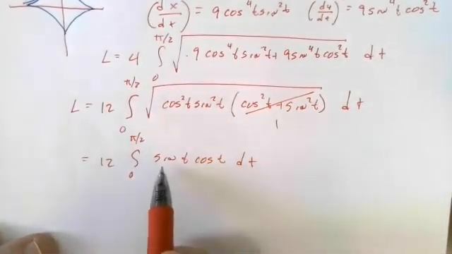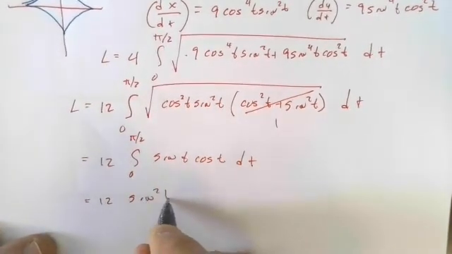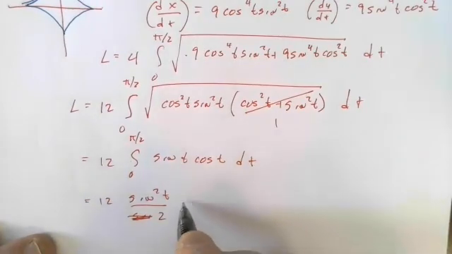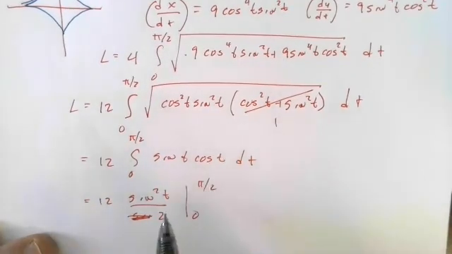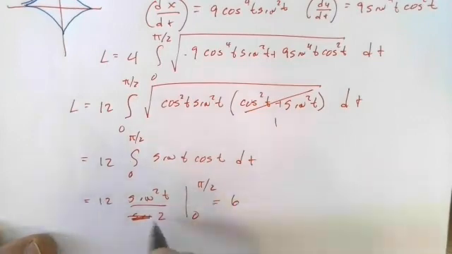Now, you could actually do this either way. I'm going to assume it's sine. 12 sine squared t over 2, from 0 to pi over 2. See how I did? 2 sine cancels, 2 sine of t. Hey, it looks like I got it right. Equals 6, 12 over 2.